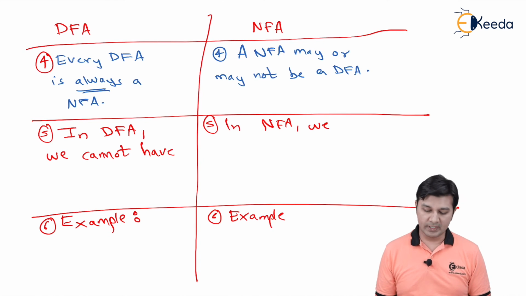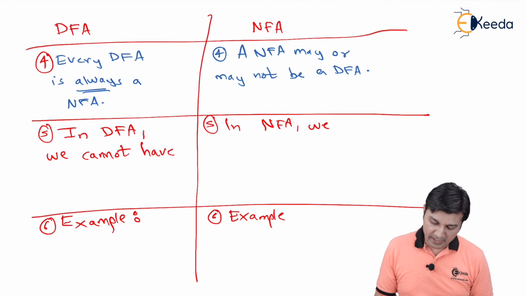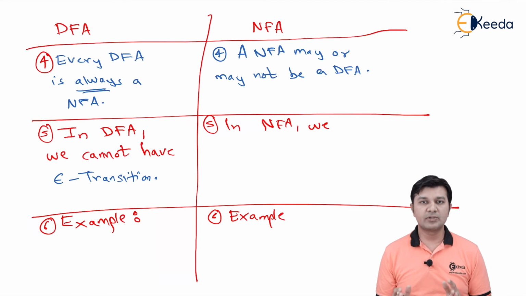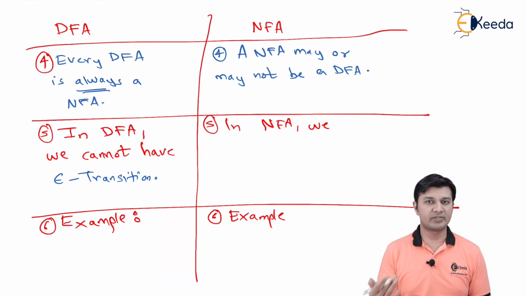The next point number 5. In DFA, we cannot have epsilon transitions. We have just now solved the problem on DFA and we saw that there are no epsilon transitions. However, when I come to NFA problems, till now we have not considered epsilon transitions. However, NFA allows epsilon transitions, and that is exactly what we are going to study in the next video.